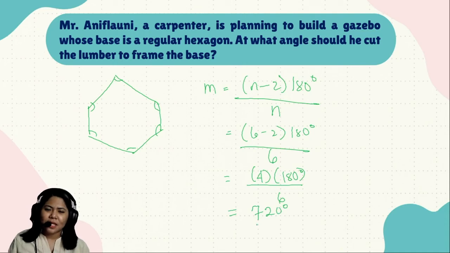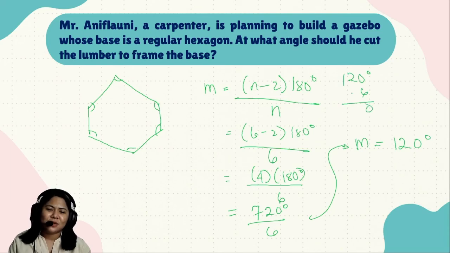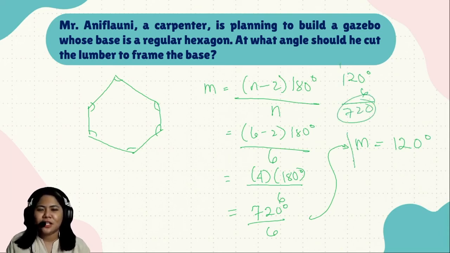Then 720 degrees, divide mo siya sa 6. Anong sagot? So, m equals, that is 120. Okay. 120 degrees. Tama ba? Check nga natin. 6 times 2, 12. Okay. So, the answer is 120 degrees.